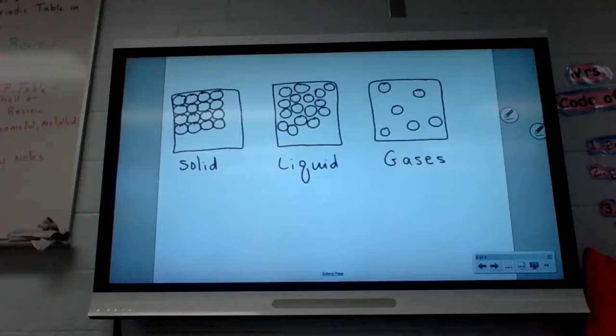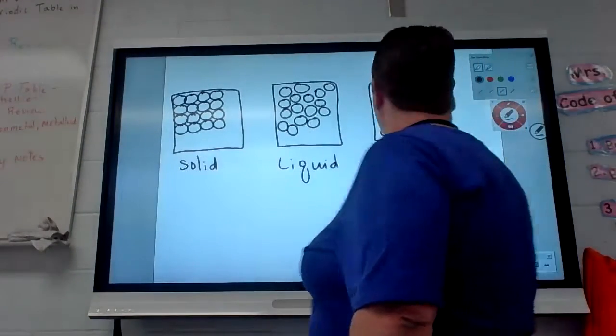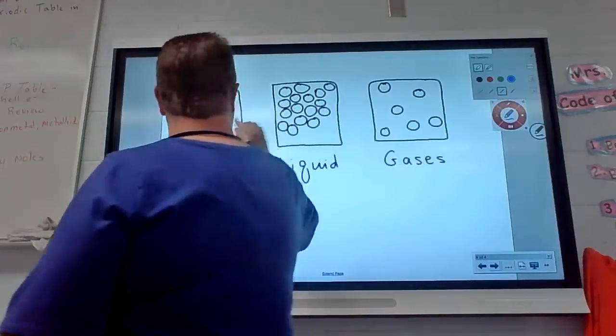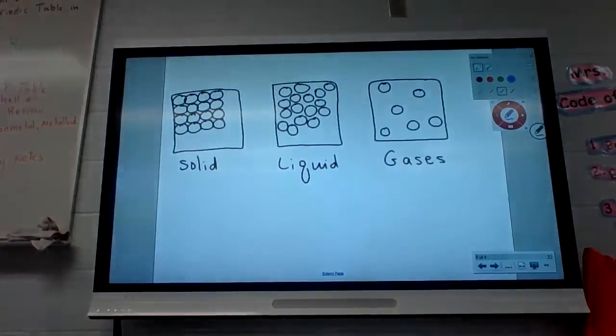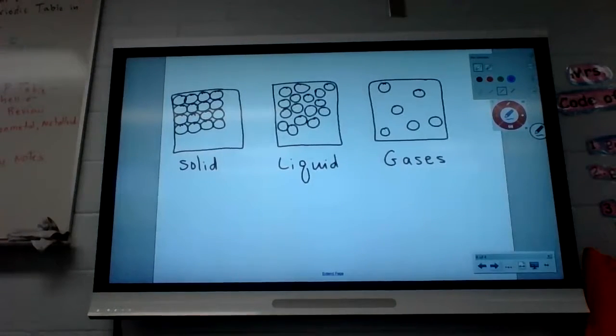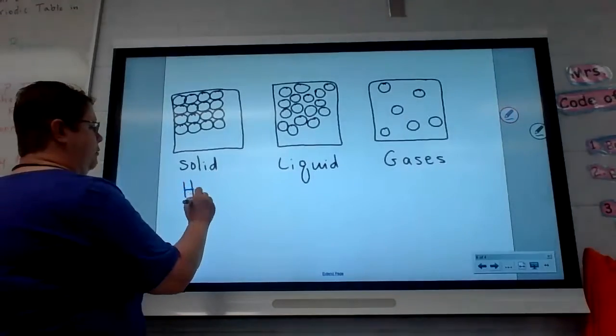The most significant difference between gases and liquids, you guys pick the mass of each particle. Now, look at the way I drew the particles. They're all the same size. I drew them the same size to try to illustrate that: is mass different in any of them? No. So let's assume for a moment that this is water.